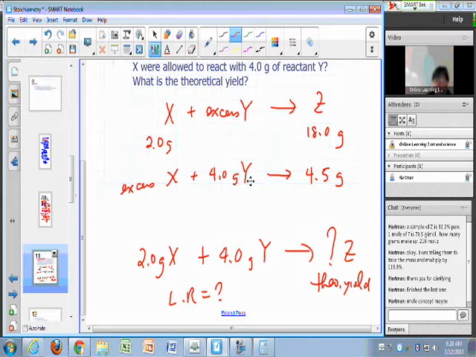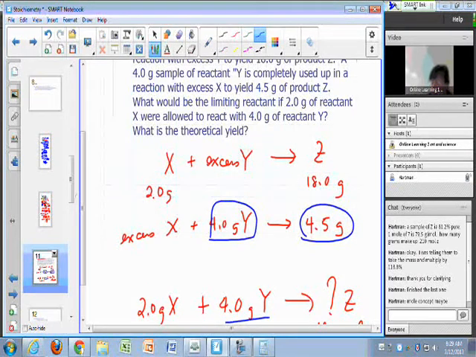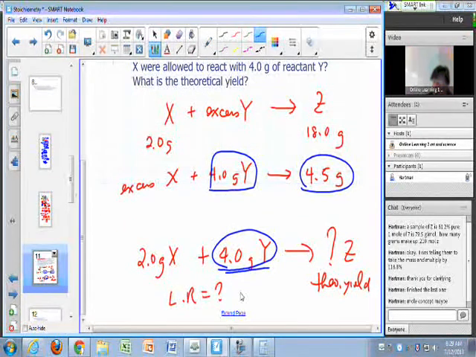Let's take a look at this. By the time you make 4.5 grams of Z, okay, all of this 4 grams would be gone, right? So according to this, it's not possible to make more than 4.5 grams of Z because you only have 4 grams of Y. Okay?